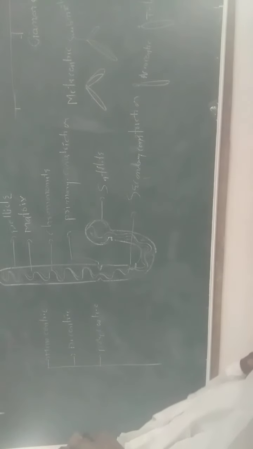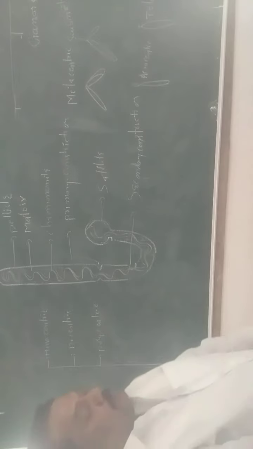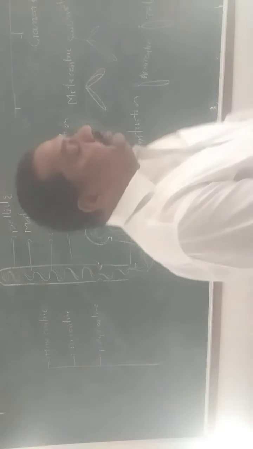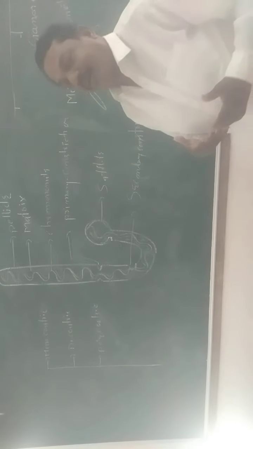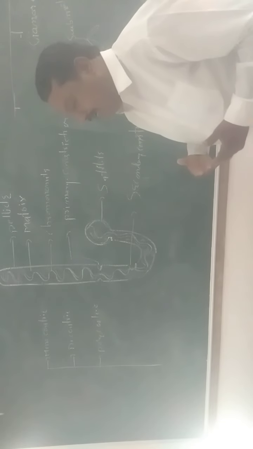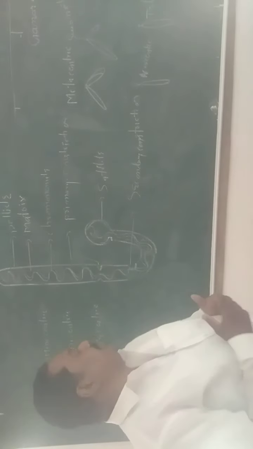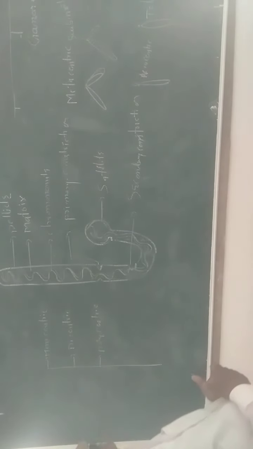Next, the primary constriction. On the surface of the chromosome, the place where the two identical spirally coiled thread-like structures are united is called the primary constriction.